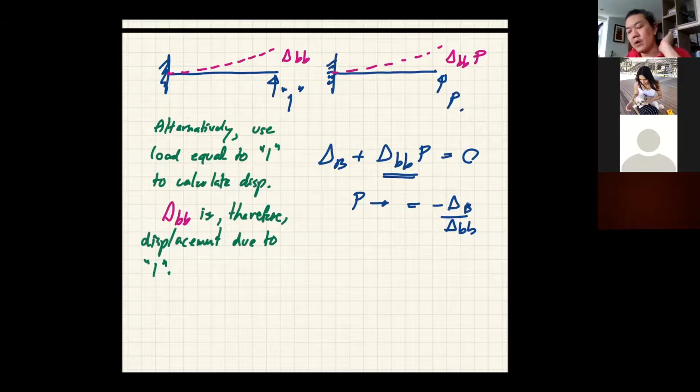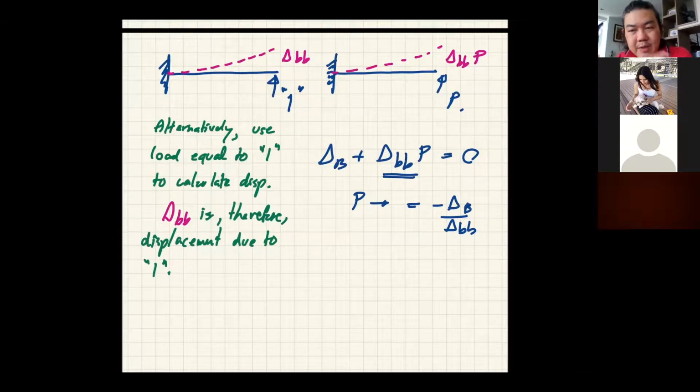Okay, so first, we can use displacement to calculate the extra unknown, because we can use that to set up our compatibility equation. Second, because this is the most important thing, you guys listen carefully, because displacement depends on EI of your structure, correct?